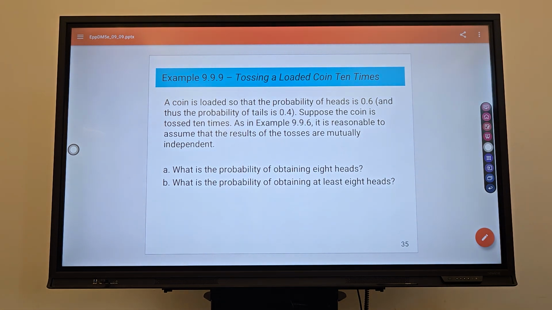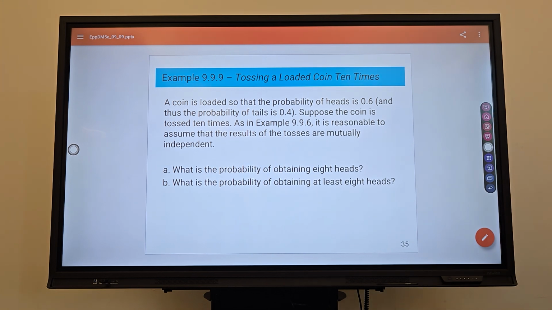So, taking it out further, a coin is loaded so that the probability of heads is 0.6. Suppose the coin is tossed 10 times. It is reasonable to assume that the results of the tosses are mutually independent. What is the probability of obtaining 8 heads?